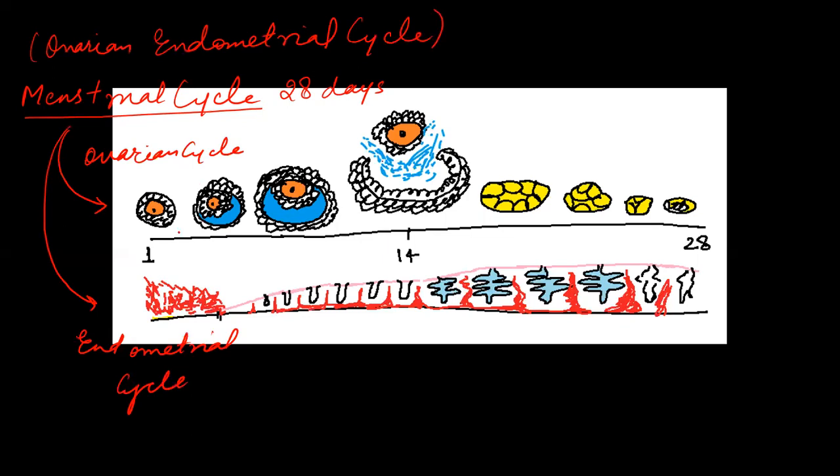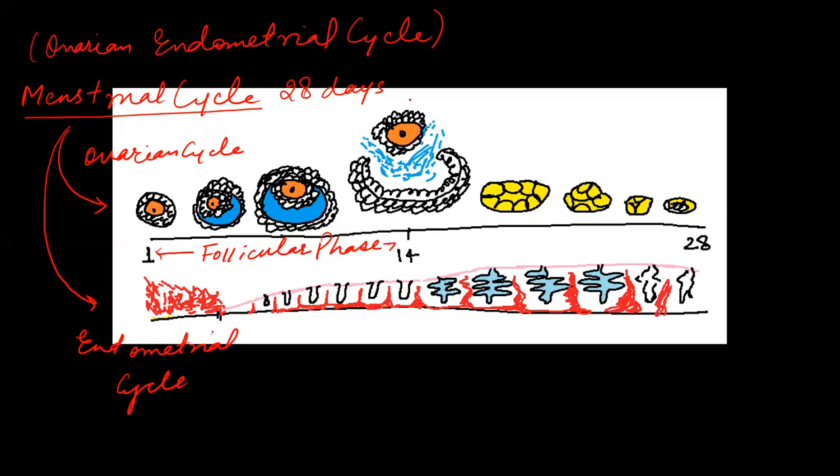During the ovarian cycle, the first 14 days are related with the growth of the follicle, so it is called the follicular phase.